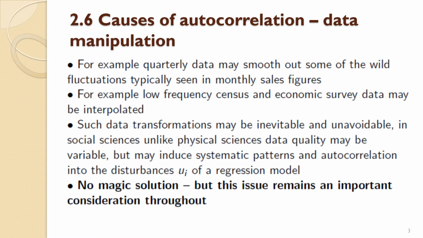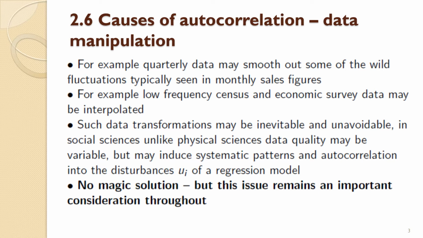Another example of something that can cause autocorrelation is data manipulation. If you have some sort of artificial smoothing, for example, if you look at quarterly data, this might smooth out some of the wild fluctuations typically seen in more granular monthly sales figures. Let's see, for instance, examples where census and economic survey data may be interpolated.